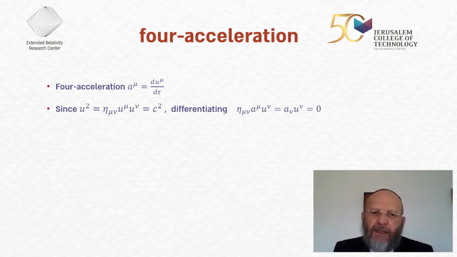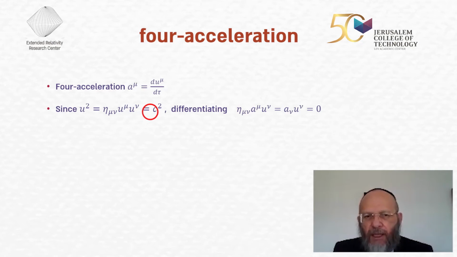Now, since u squared is c squared, as we have seen, when you differentiate this you get a term a times u, and when you differentiate the other u you get another one.